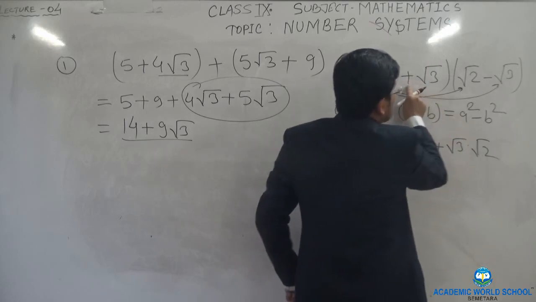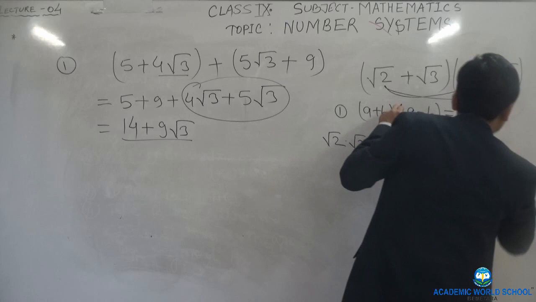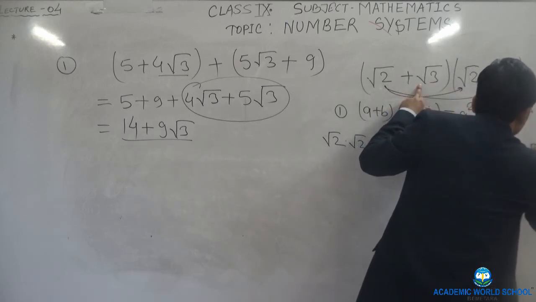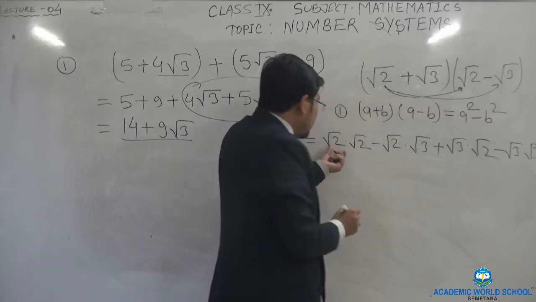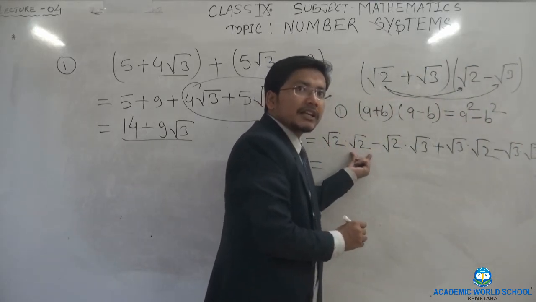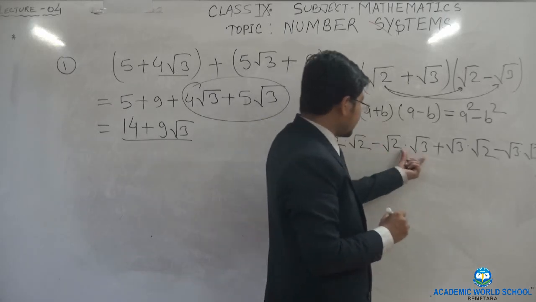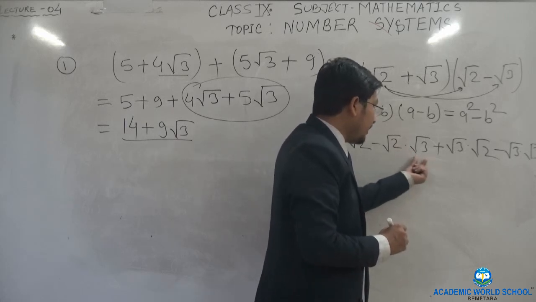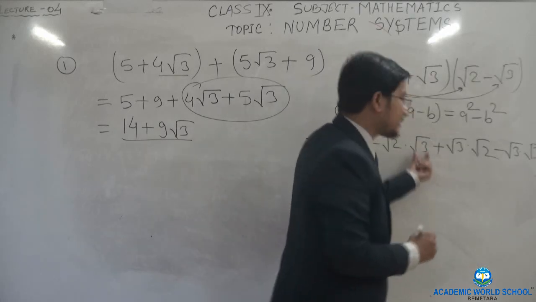Now beta, this is plus and this is minus, so if you multiply, there will be minus. And this is root 3 into root 3. Now I have told you, beta, root 2 into root 2 is equal to 2. Now this is root 2, this is root 3. It means they are multiplying and it will become root 6.